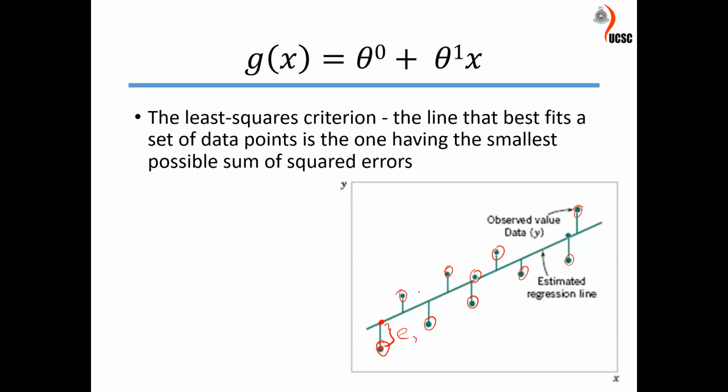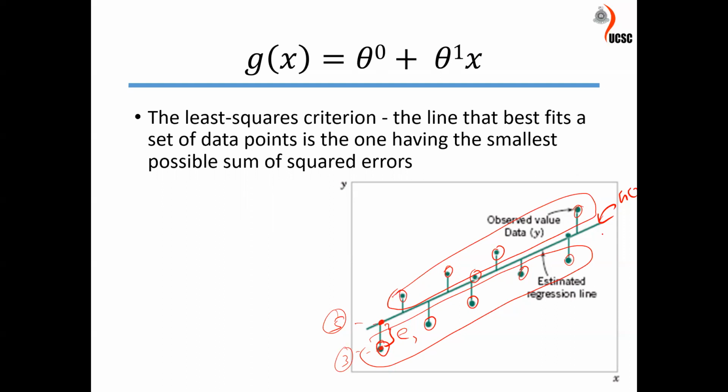The data points that are above our hypothesis h(x) will give a positive error. Suppose our hypothesis value gives 5 and the actual value is 3, then if we subtract, that basically gives a positive value.